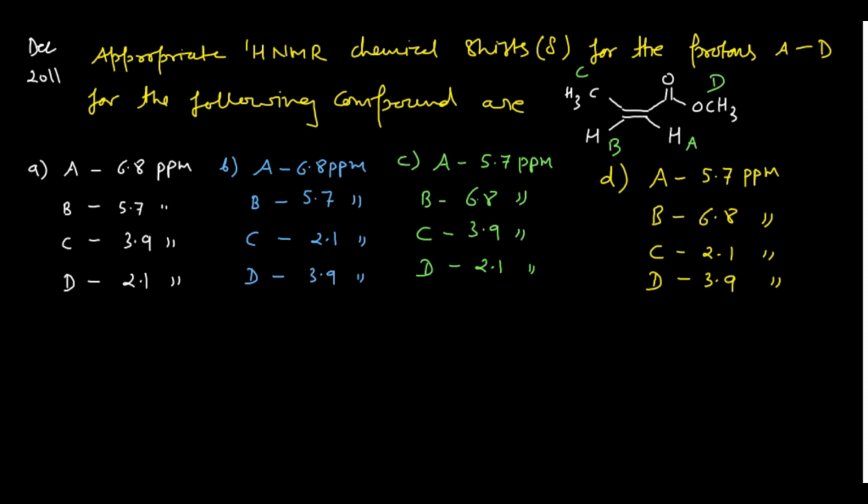Say you are having CH3, double bond, O, this is OCH3, this is H, this is another H. So resonance, it's quite easy, this can come here, this can go there. So what structure can you draw for this?